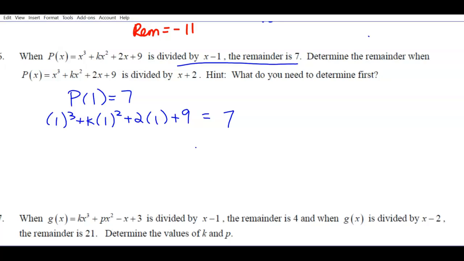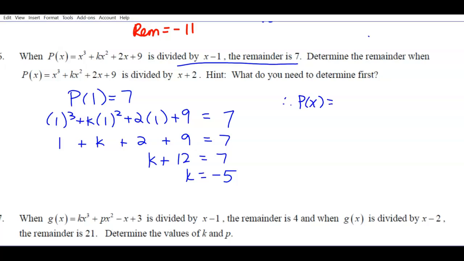Then you can go back, put it back into p of x, and find p of negative 2. So therefore, our p of x equals x cubed minus 5x squared plus 2x plus 9.